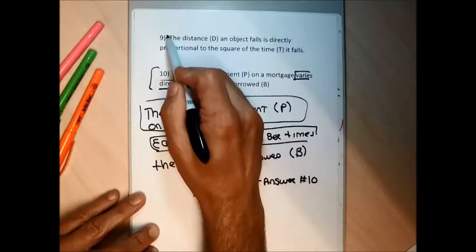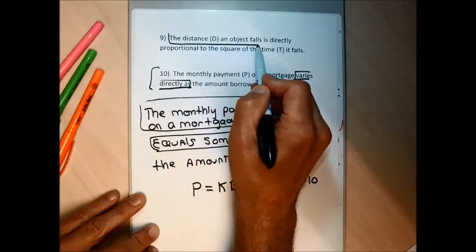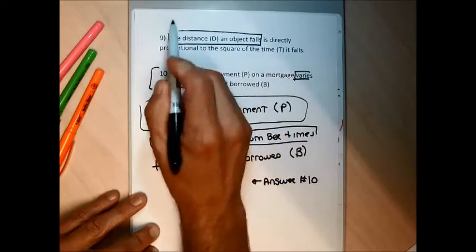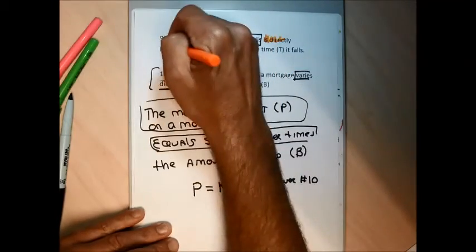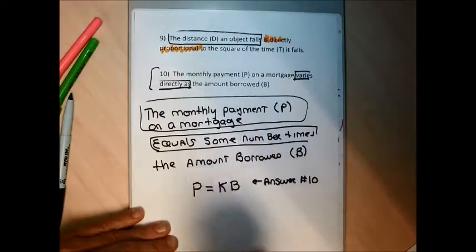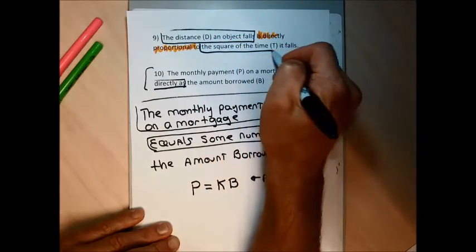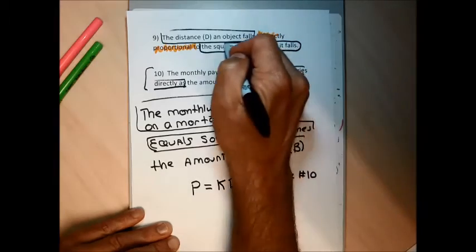You're going to break the problem into this bit, and then that bit, and then that. So you're going to get 3 different pieces.